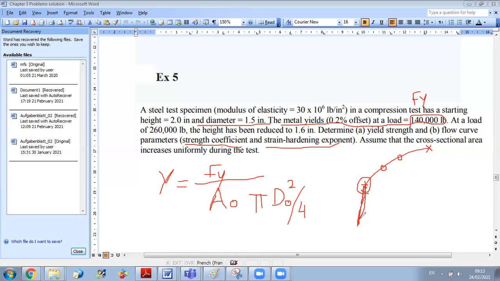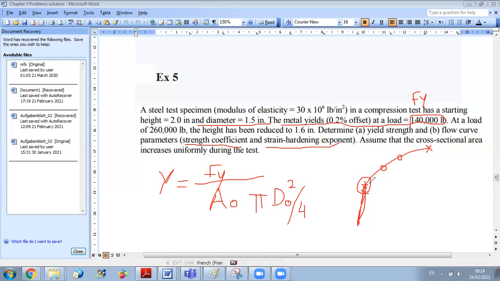So sometimes we confuse these values, and because they are very close, we can use one in place of the other. But if we want to be accurate, when we consider the strain hardening curve, we should do the calculation of the true stress at yield and the true strain.